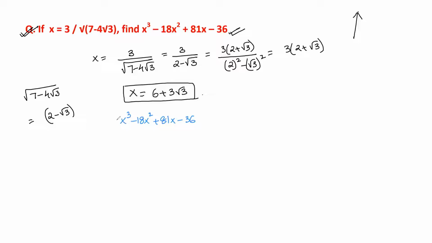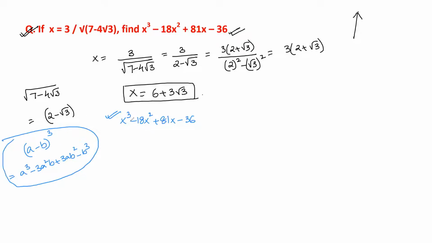Now we need to find the value of this cubic polynomial. We know that a minus b whole cube is given by a cube minus 3a square b plus 3ab square minus b cube. So let us try to restructure this cubic polynomial into this form.